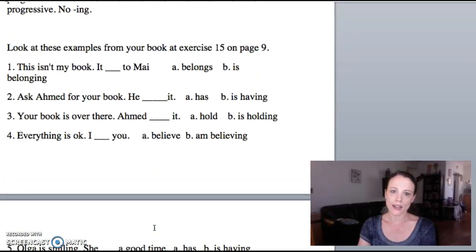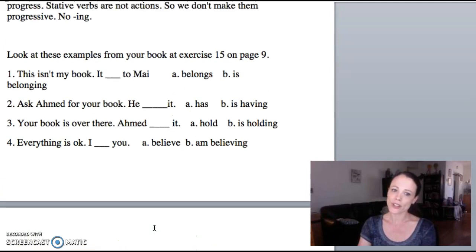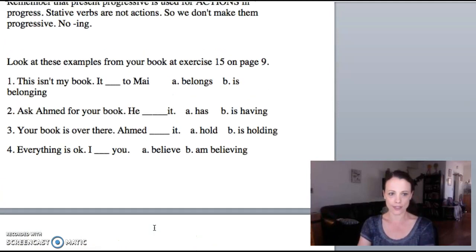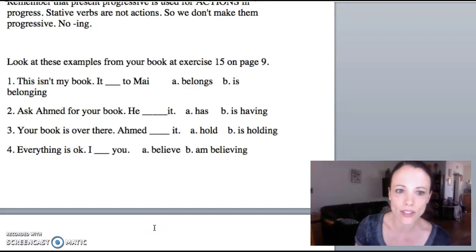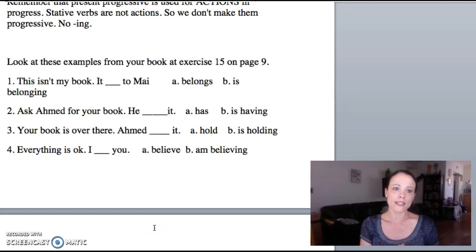So on page 9 in your book, there is an exercise 15. So I took these questions from exercise 15. So take a look at these examples. This isn't my book. It to my. So it belongs or it is belonging?